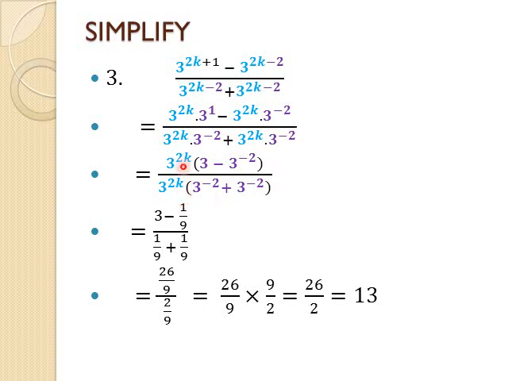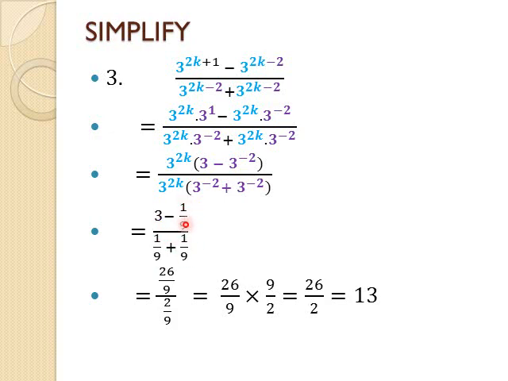Again, as I said, the objective is always to ensure that these common factors cancel. Most of our exam questions always cancel, and we just solve the values that are given after that. I had 3 to the negative 2, 1 over 3 squared, which is 1 over 9, plus 3 to the negative 2, which becomes 1 over 3 squared, which is 1 over 9.